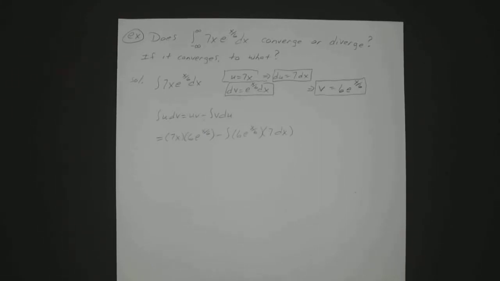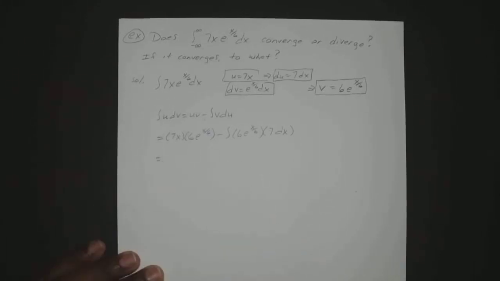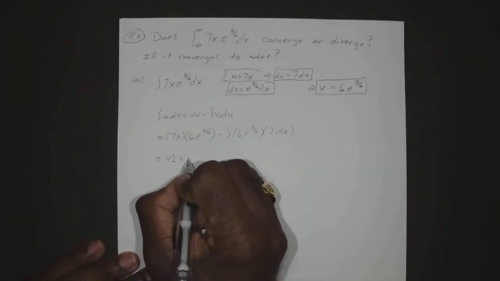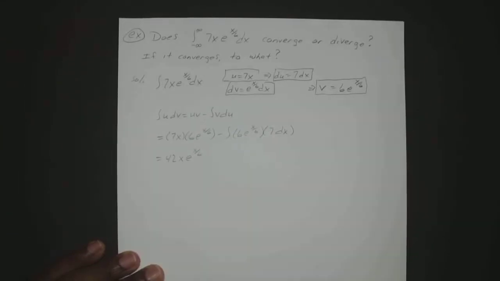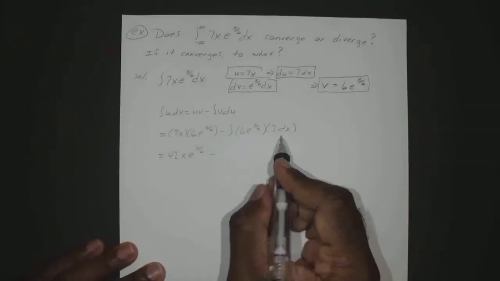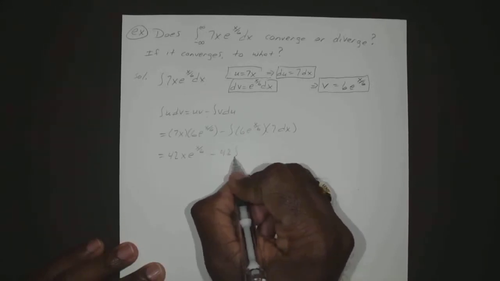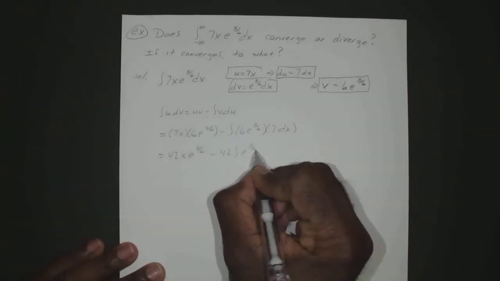All right, so we'll just go ahead and simplify it by combining what we can. So 7 and 6 is 42x e to the x over 6 minus, 42, we can just go ahead and bring that out to the front, e to the x over 6 dx.